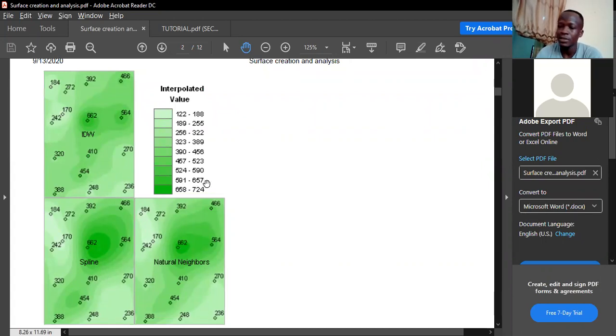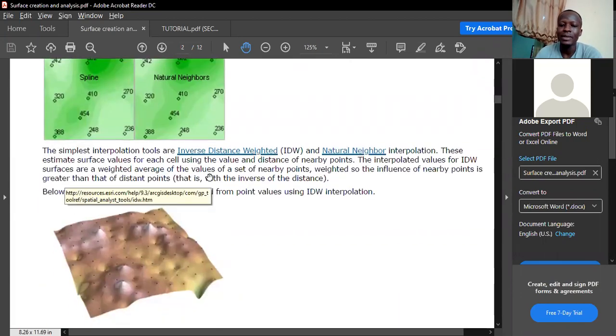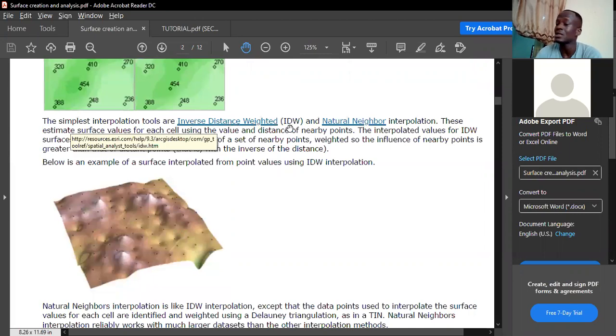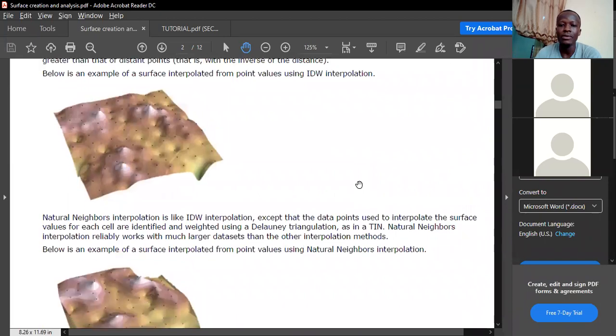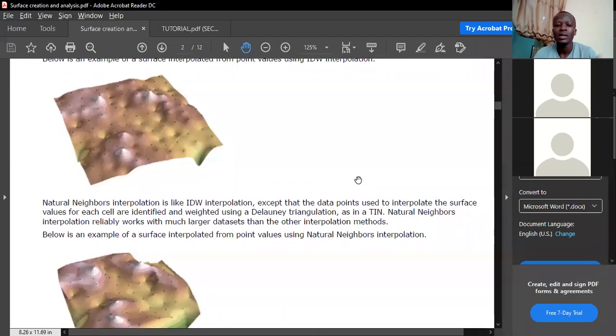We use interpolation, and there are a couple of methods for interpolation. We have the inverse distance weighted interpolation, IDW, and then we have the nearest neighbor. So there are different ways of computing the interpolation.